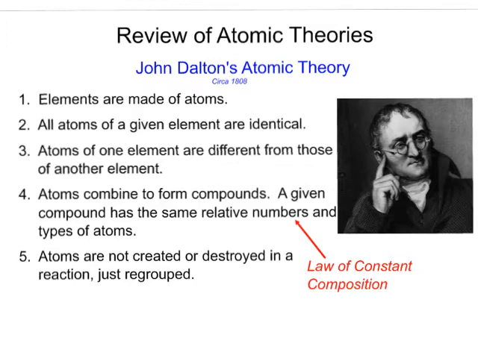The next idea right here is the law of constant composition. That's a really important idea. Dalton came up with the idea that atoms combine to form compounds, and that a given compound has the same relative numbers and types of atoms. So, in other words, say we have a water molecule.